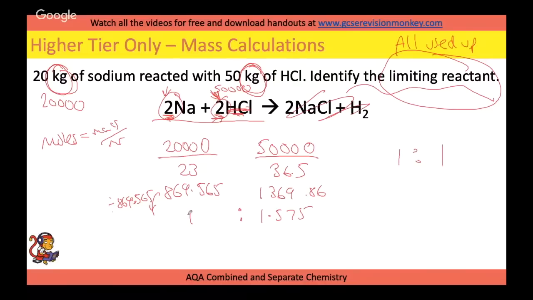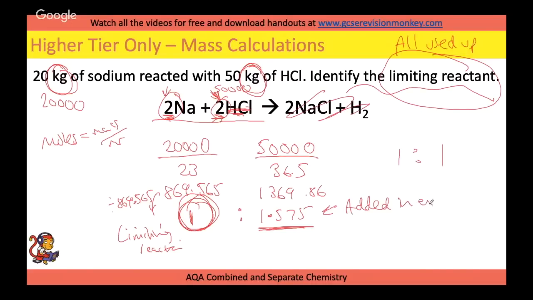Okay, so this one here is the limiting reactant. Okay, because we've reacted 1 mole. Now, if we had 1 mole, we should have reacted 1 mole over here, but we didn't. We added 1.575 as our ratio. So this one we've added in excess.